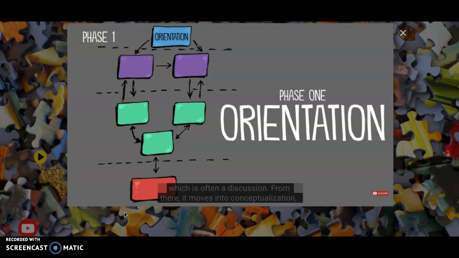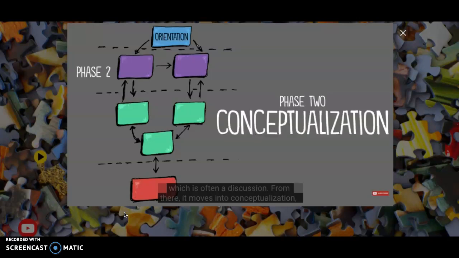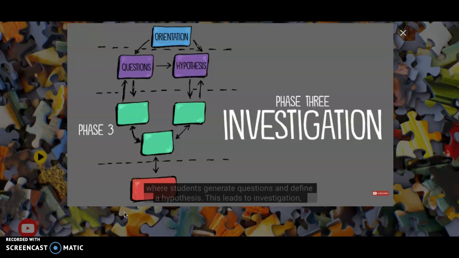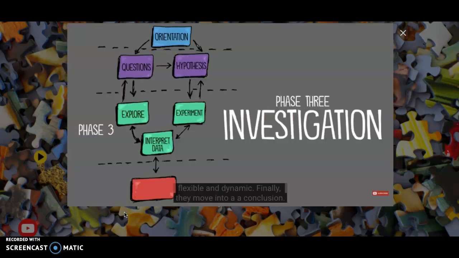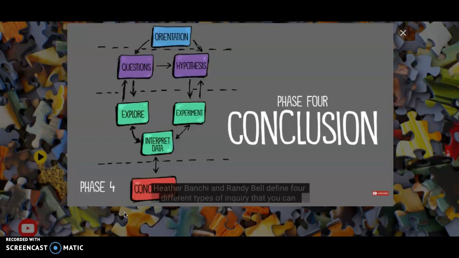It's where they become aware of the key idea. And from there it moves into conceptualization, where students generate questions and they define a hypothesis. This leads to an investigation phase, where students explore, experiment, and interpret data, often in a way that's flexible and dynamic. It can even seem kind of cyclical. And then finally they move into a conclusion.